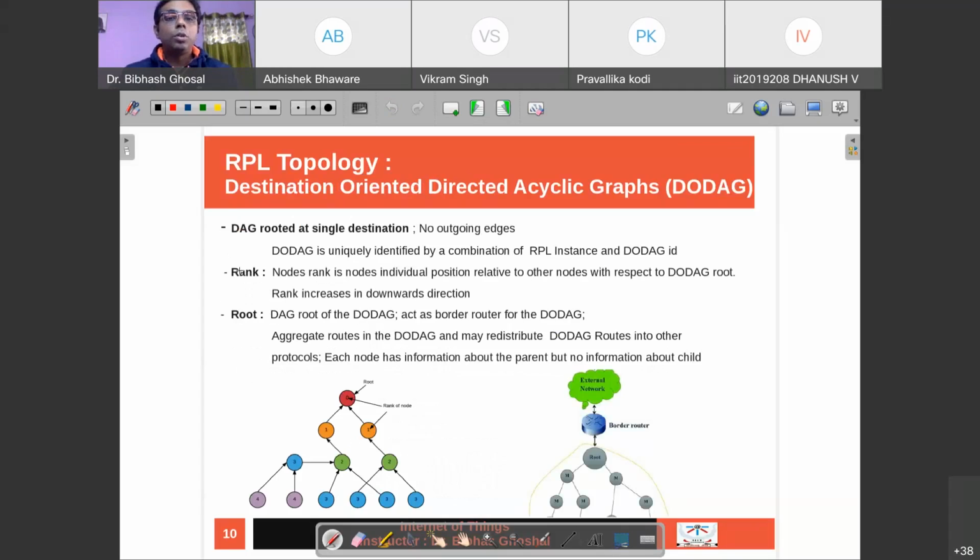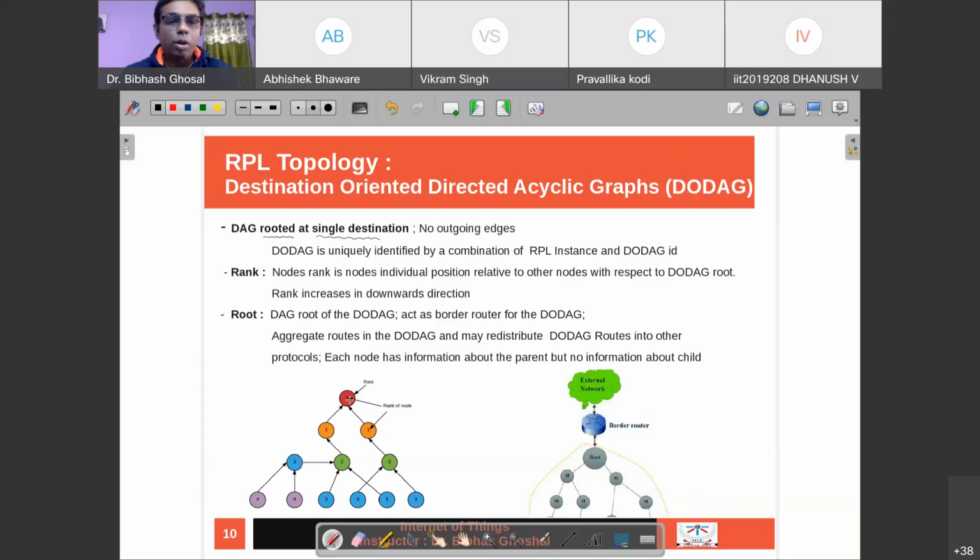So we build a topology, and the topology that we build is a graph called a destination oriented directed acyclic graph, DODAG. What is it? It's a single rooted graph, and the root is your single destination.